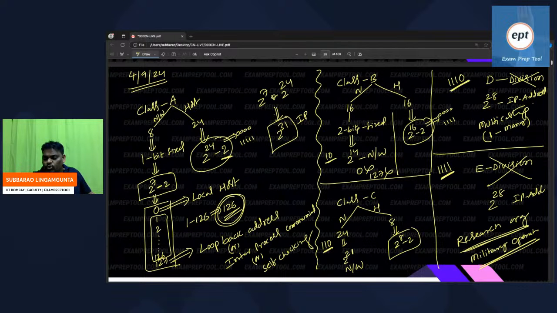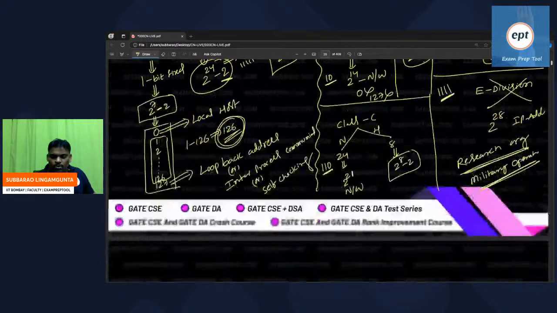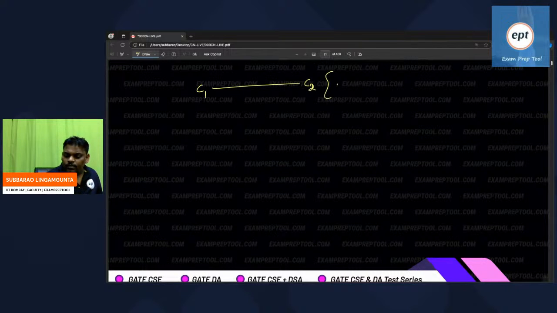I will draw those diagrams also. See this one. One computer is sending a message or mail to one more computer.